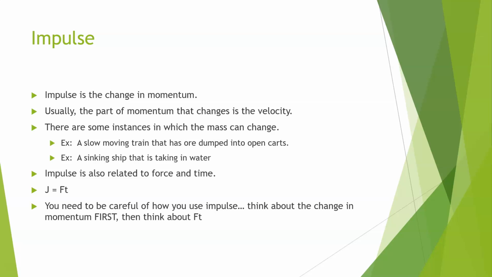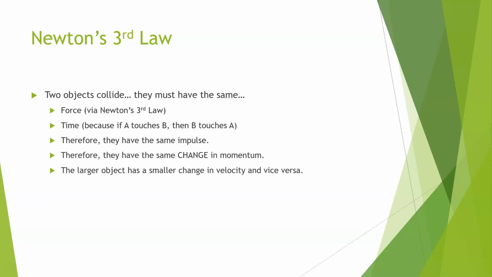So if I found out that the force applied was 20 newtons, it took 4 seconds to do this. Newton's third law plays a huge role in the conservation of momentum and how impulse works. So let's run through this together. You have two objects that collide, or you could think of it as one object exploding and becoming two objects as they push off of each other.